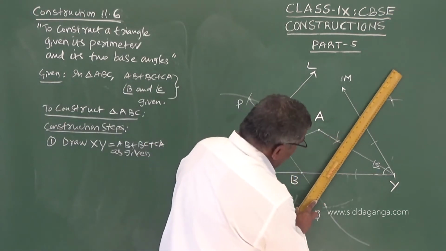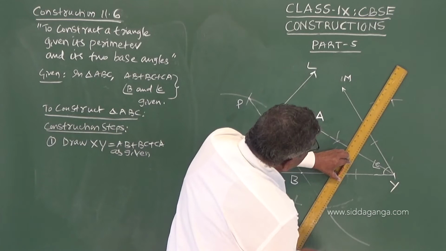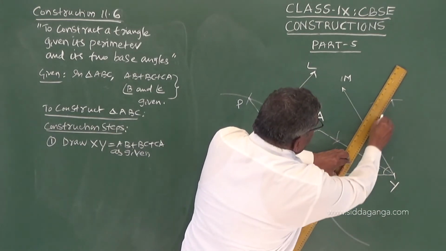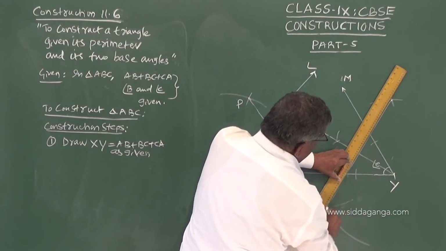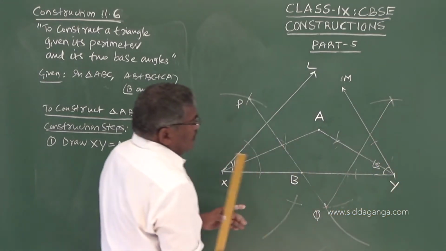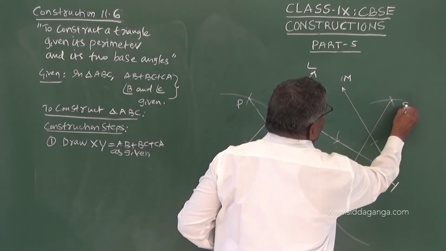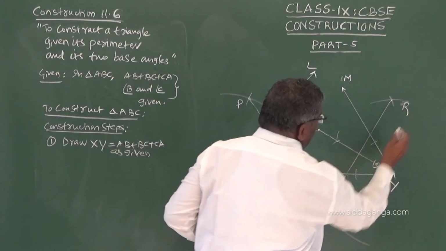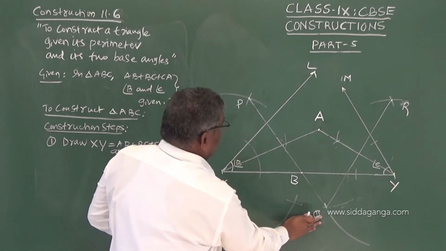Similarly, you join the other perpendicular bisector of AY. That perpendicular bisector, you call this as RS.